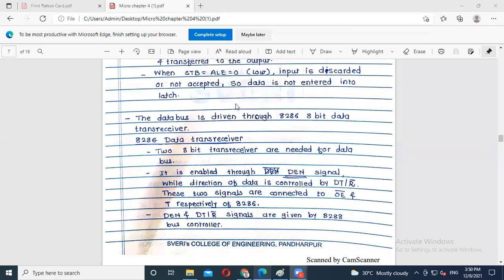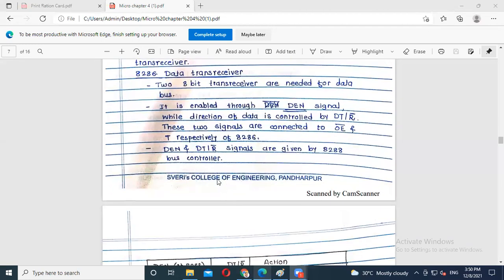This is the same way as used in the minimum mode configuration. The data enable and the data transmitter and receiver signals, DEN meaning data enable and DT/R bar meaning data transmit/receive, are given by the 8288 bus controller.